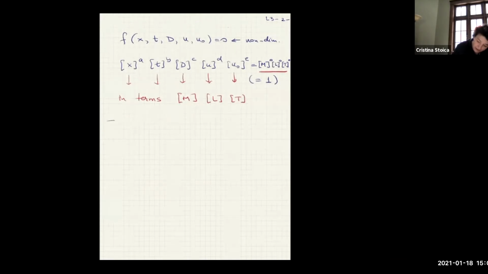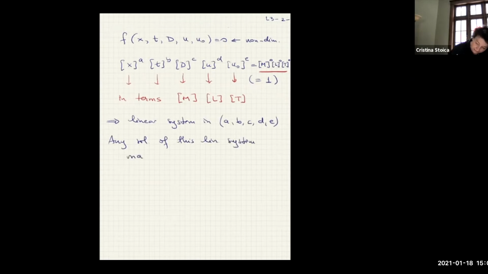So I end up with a linear system in A, B, C, D, and E. And then any solution of this linear system makes true, let's put 2 stars, this relation, this is the relation 2 stars.